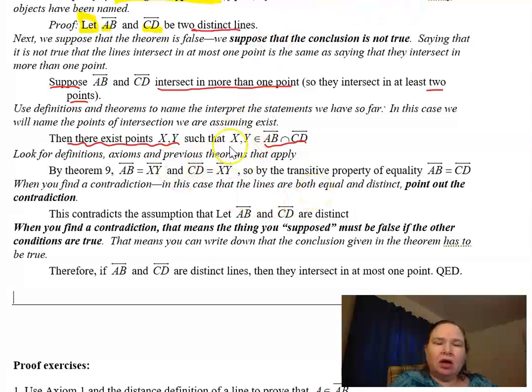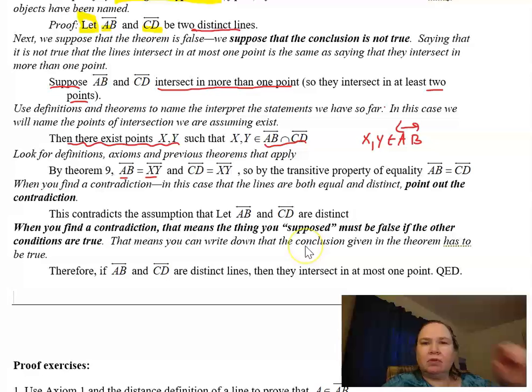So, X and Y are on the line AB, and that means the line AB can be named the line XY. And X and Y are on the line CD, so I can rename the line CD as the line XY.